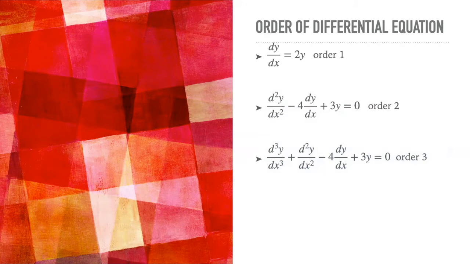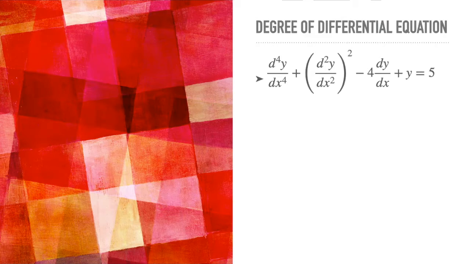So this must be a third order differential equation because the highest order on this differential equation is 3. So we have the first order, the second order, the third order. We can even have the fourth, the fifth, the sixth, continuing on.